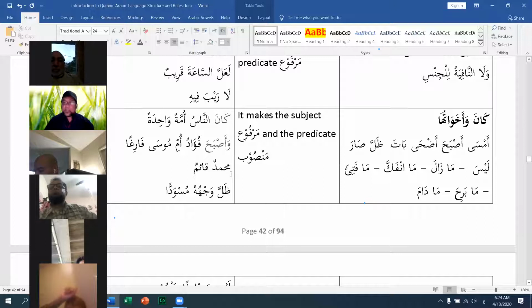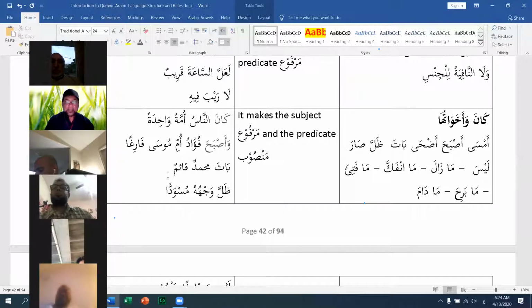If we put the word bata, let's take the word bata, and I'll put in the vowels. Bata Muhammadun qa'iman. What does that mean?